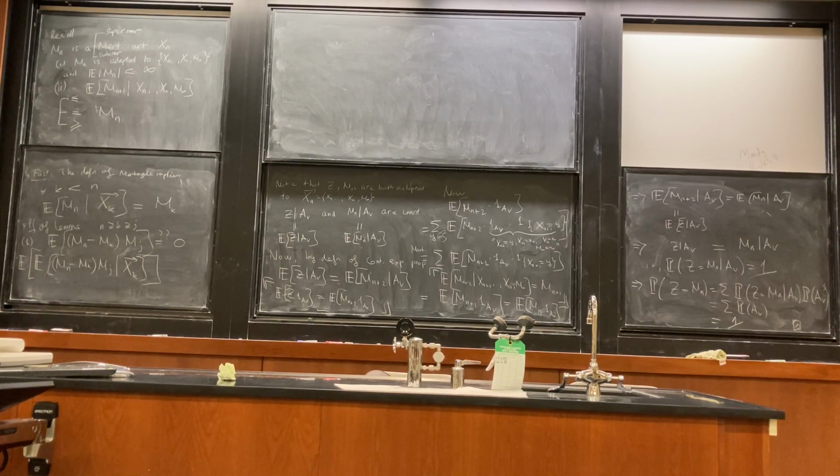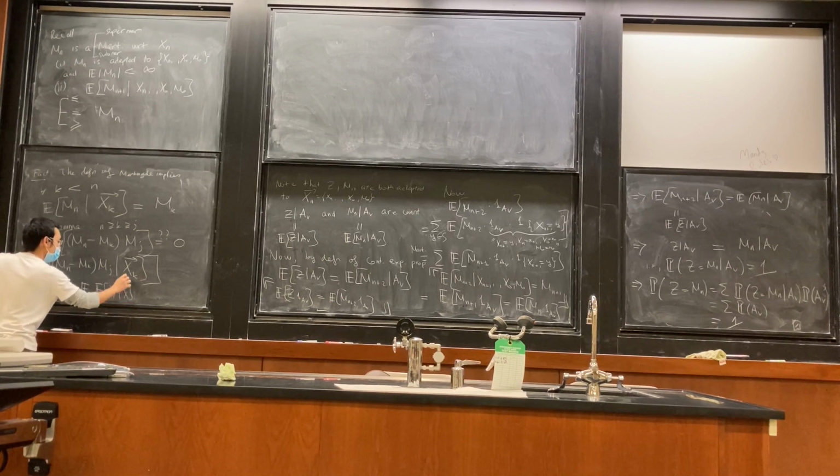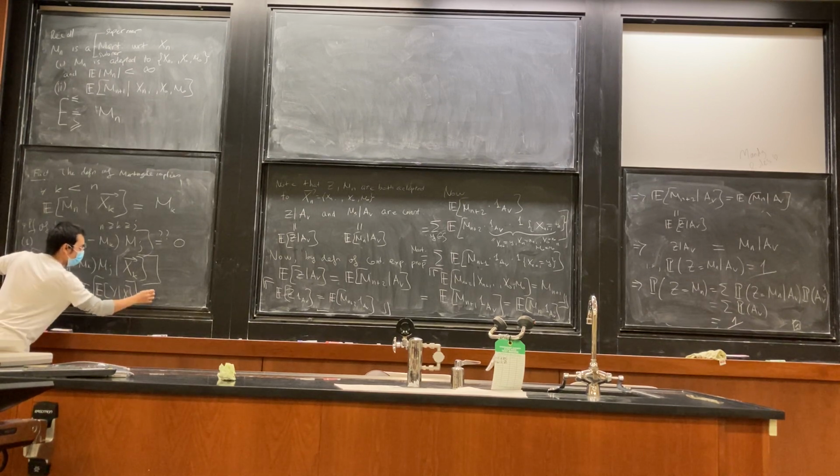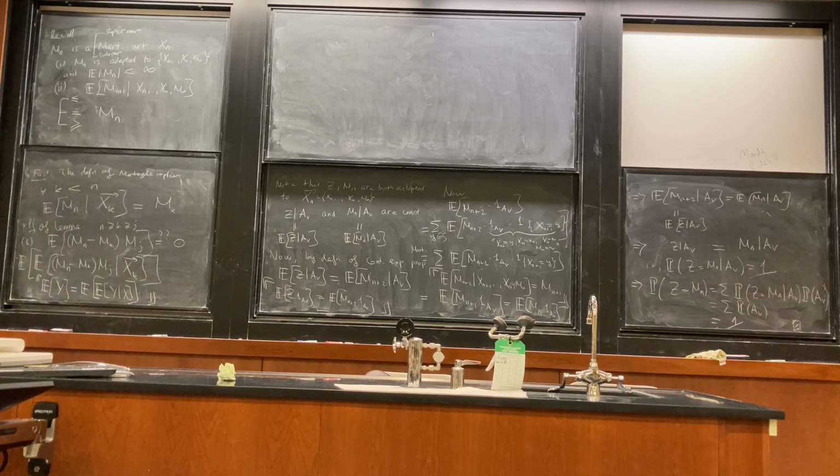Well, just in case you don't remember, this is the property that the expected value of Y is equal to the expected value of the conditional expectation of Y given X. So now, what do we have?